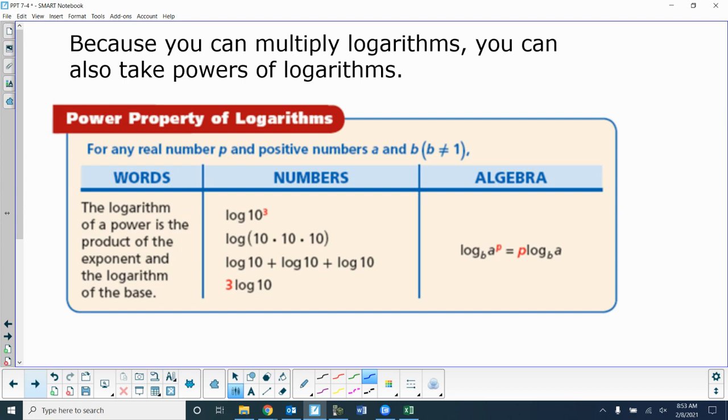Okay. If you have log base something of a number to a power, you can take that power, that P, out front of the log and multiply it. Okay? So if you have a log of some number to a power or exponent, that exponent can come out front and be multiplied by the log.